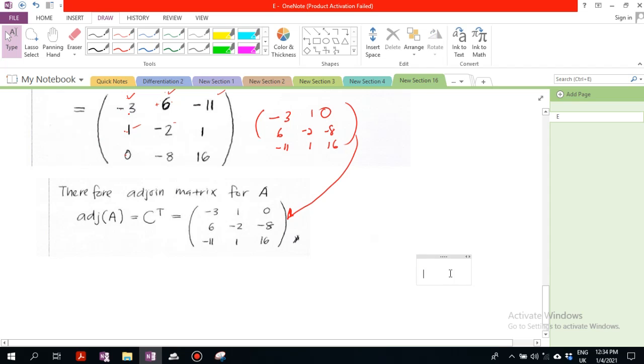So next, the next is about how to do the inverse of the matrix.